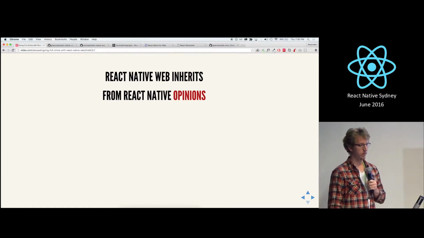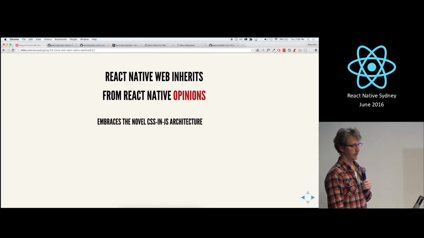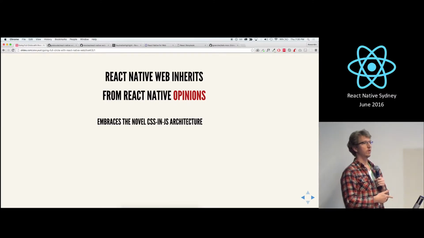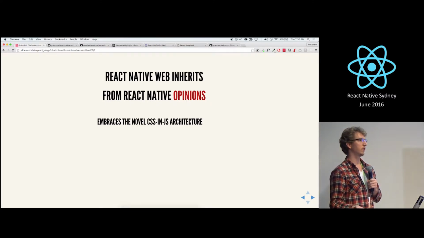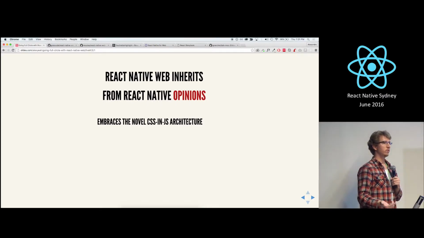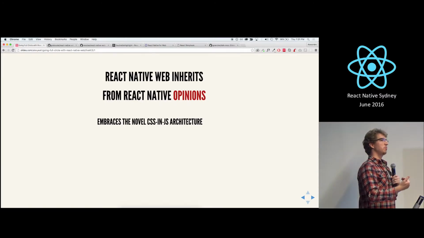Another reason why React Native for web is amazing is because it inherits from the opinions the React Native creators have made, among which you have the CSS in JavaScript architecture, okay? A few years ago, with the introduction of Angular, we started to see more HTML inside of JavaScript.